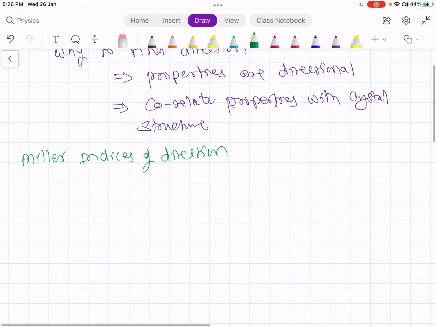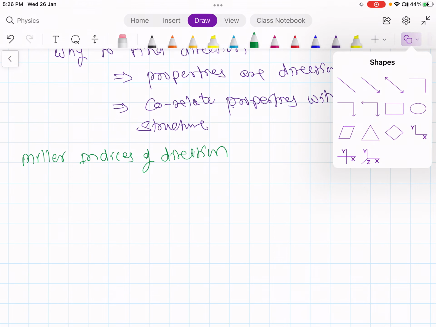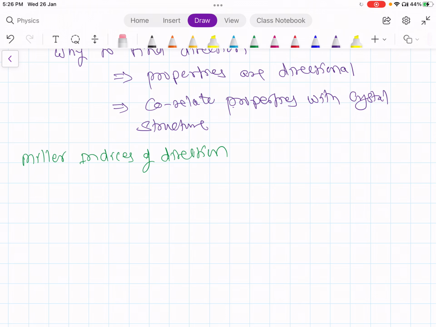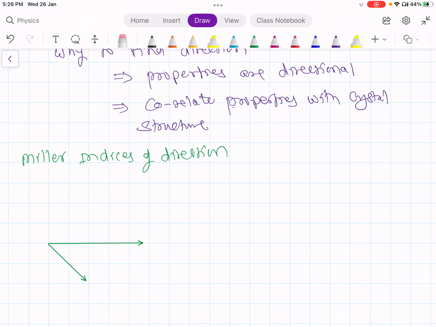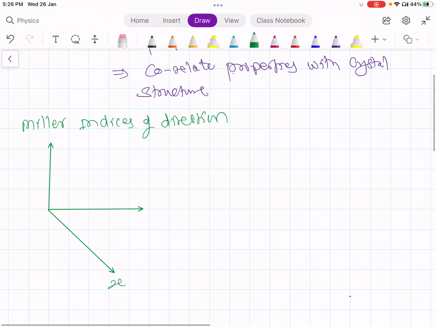To show Miller indices of direction, let me draw first the diagram for it. I am showing the axes, and in that I am going to show a directional vector. So these are the three axes x, y and z.